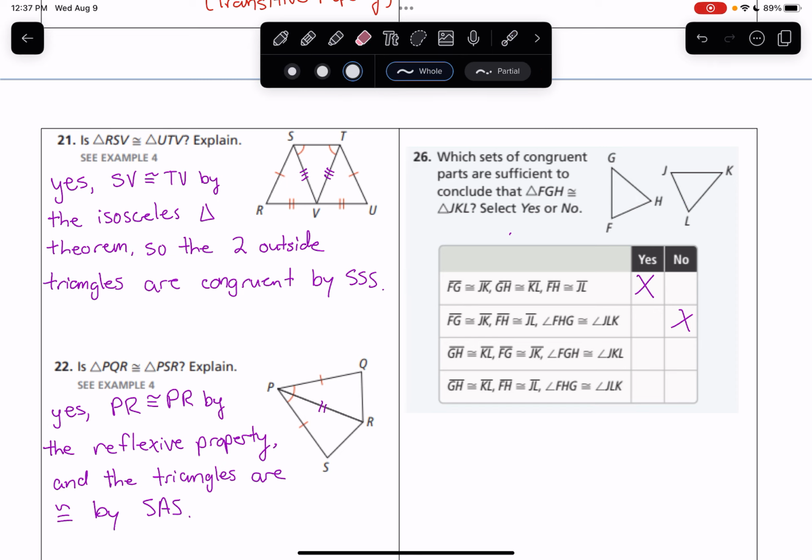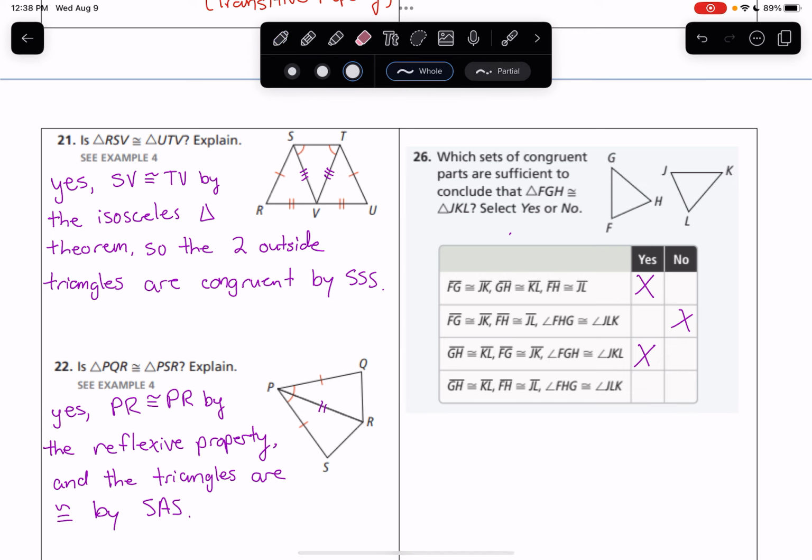Next, we have GH is congruent to KL. We have FG is congruent to JK. And we have angle FGH is congruent to angle JKL. And there we can see that we have two sides and the included angle. So by side, angle, side, we know that those are congruent.